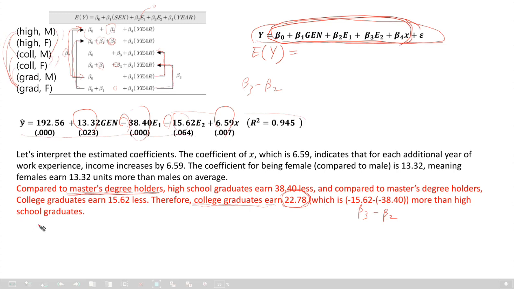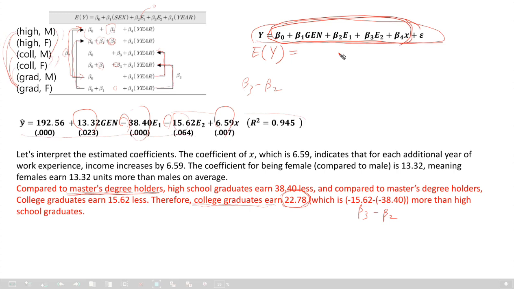We may compare between groups: high school, college, and graduate school. That is what we want to know from these qualitative explanatory variables. You understand that? A little complicated? All right, that's it.